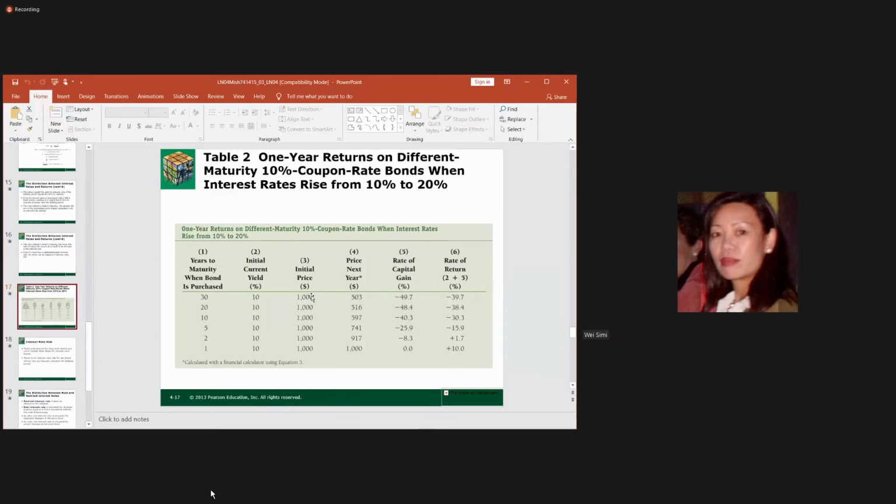Beginning is 1,000 as par, because in the beginning it sells at par, that's why yield equals coupon. So 503 minus 1,000 divided by 1,000, you get negative 49.7%. But that's only the capital gain piece. Then you add the 10% coupon, so you have a 39% loss, a little bit lower than before on the capital gain.